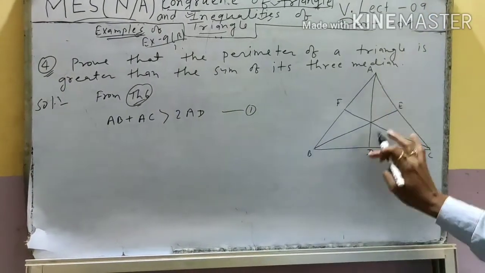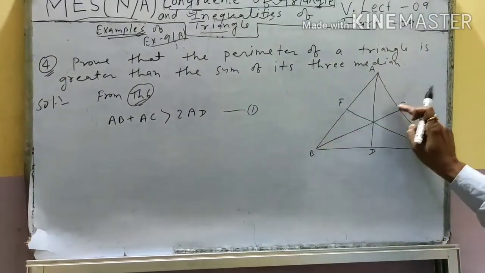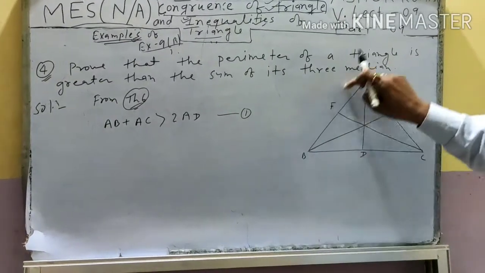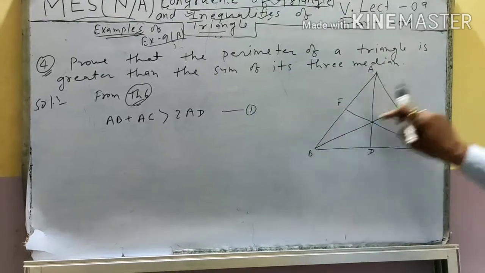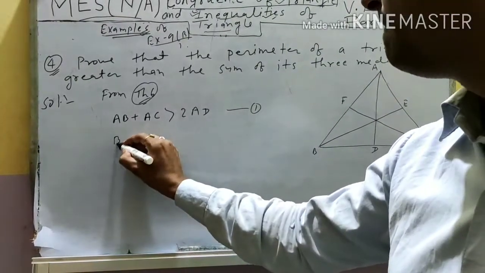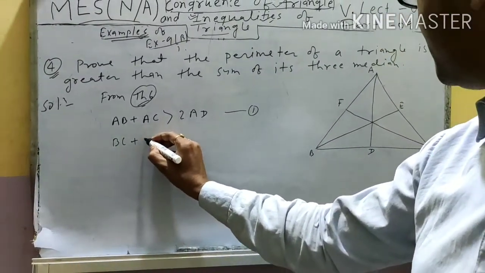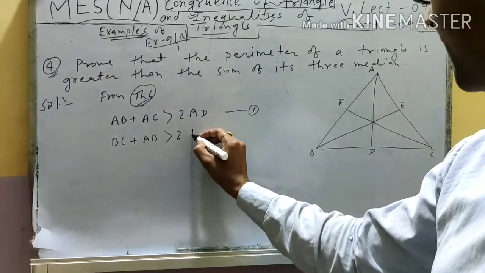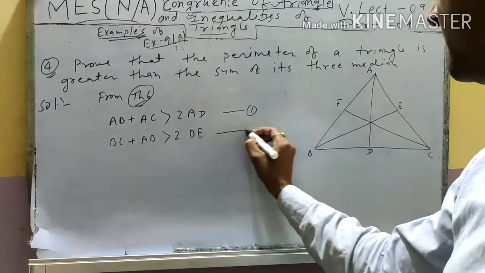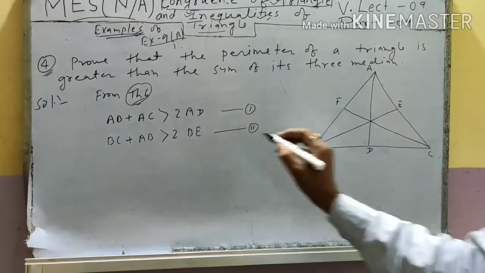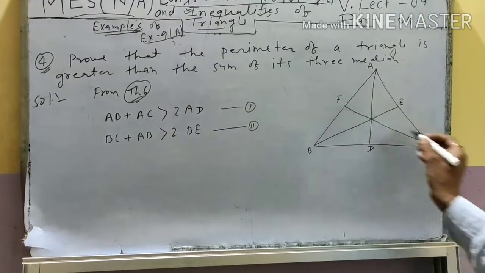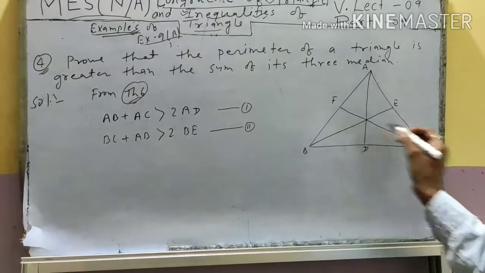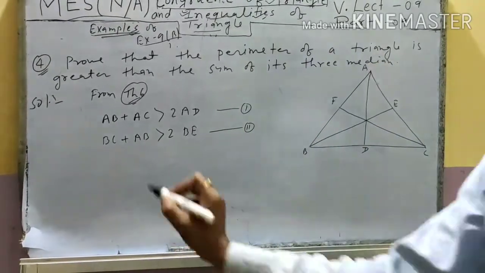If BE is the median, we can take BC plus AB is greater than 2 times BE. This is equation 2. And the third equation, if CF is the median, BC plus AC is greater than 2 times CF.